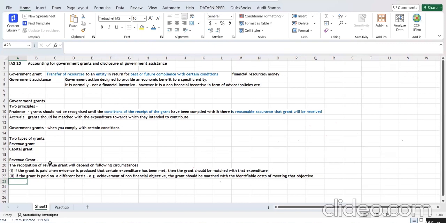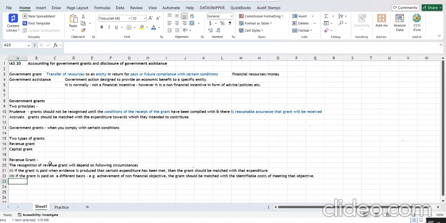So that is your expenditure. Expenditure that will go into your P&L, that will go into your income statement, right? So revenue grant is something that helps you to reduce the expense that you're putting into your income statement item, right? So that is my revenue grant.